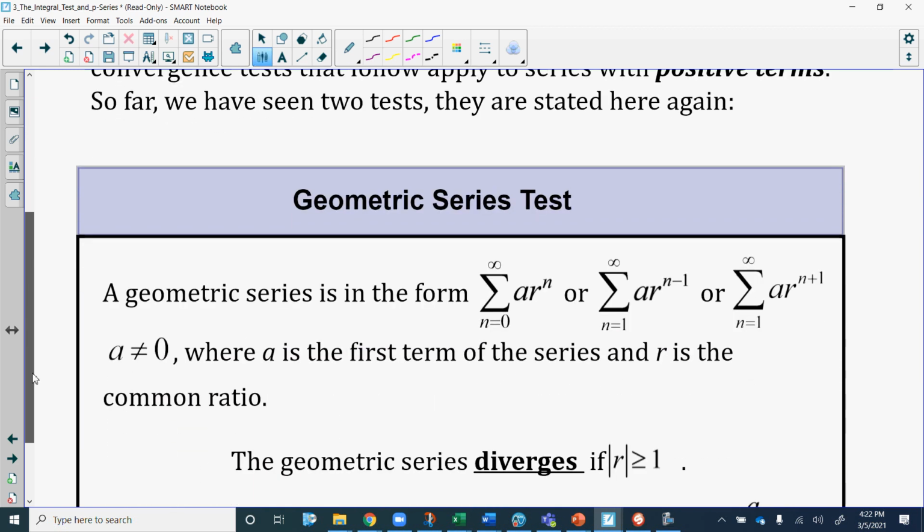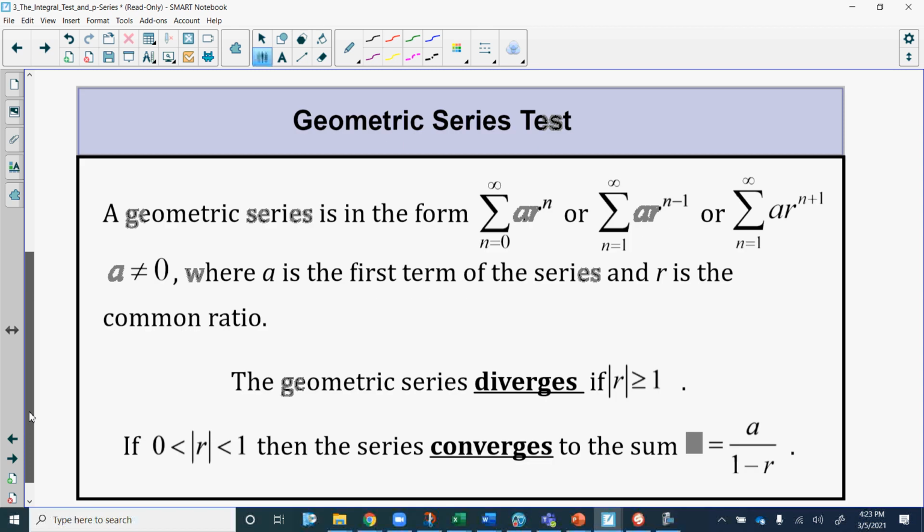So here, as a refresher, are the results of what we saw from our geometric series test. Essentially, if you have a geometric series and the constant ratio is greater than or equal to 1, we can use that to justify that the series is going to diverge.